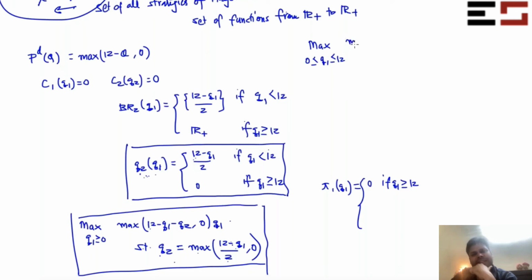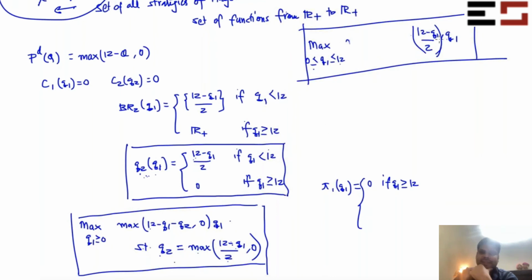So I can write this as max of 12 minus Q1 minus Q2, which will be 12 minus Q1 by 2, comma 0, times Q1. Because Q1 is between 0 and 12, this term is actually 12 minus Q1 by 2, so it is also positive. So I can also drop this max, and I get this problem. This is straightforward, right?